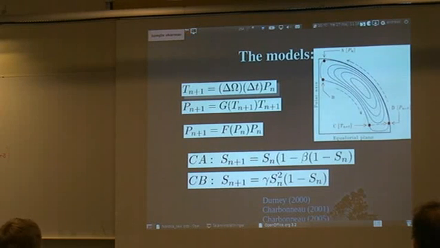And then when this migrates up with the sunspots in this picture, it generates the poloidal field by some function depending on the previous toroidal field. That means you can combine these two expressions into some relation between the previous toroidal field and the next toroidal field. And then you can express this function in something that looks like the logistic map and see if you can capture some kind of feature of the solar cycle.